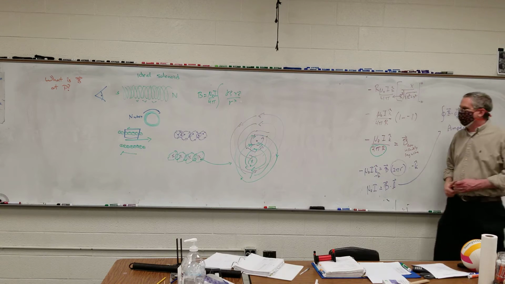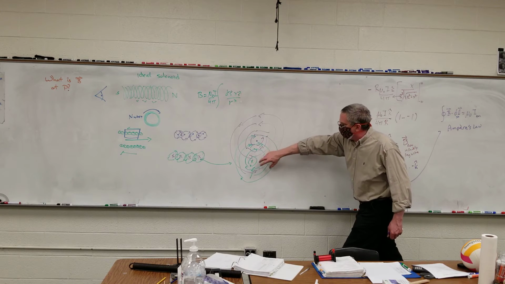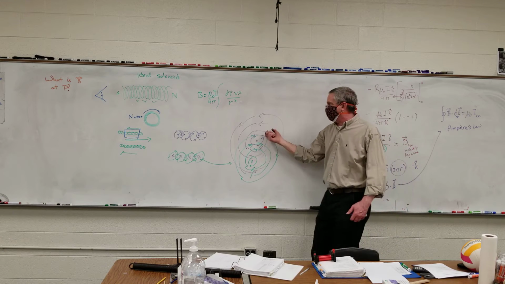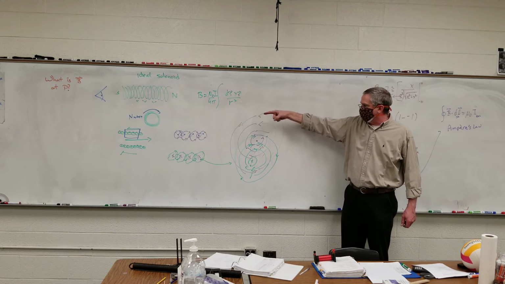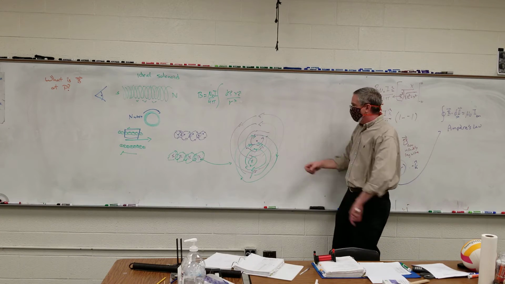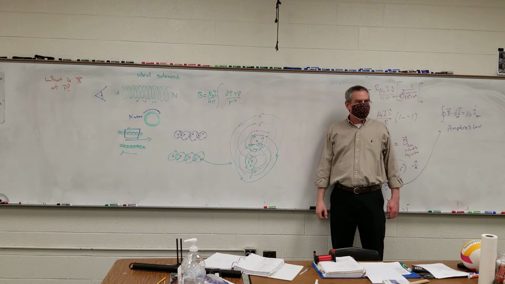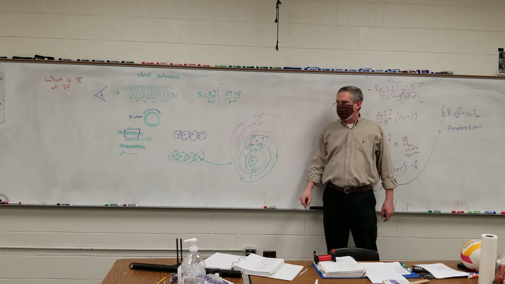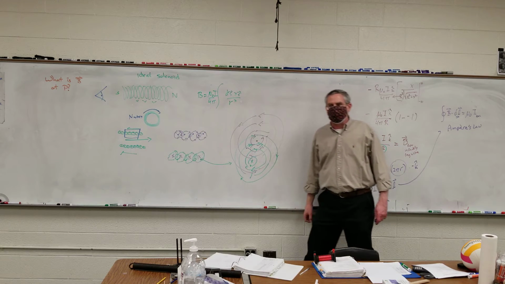Notice what we have. When I'm inside the solenoid, the magnetic field lines are all going in the same direction. But when I'm outside, I've got this conflict here. Purple is going to the left, green is going to the right. So we have a weakening of the magnetic field when we bring both of them into account.